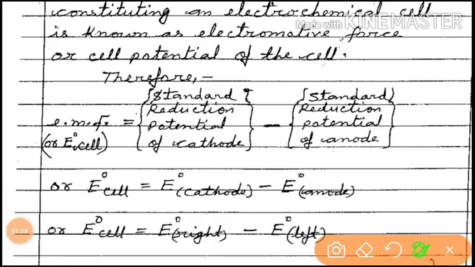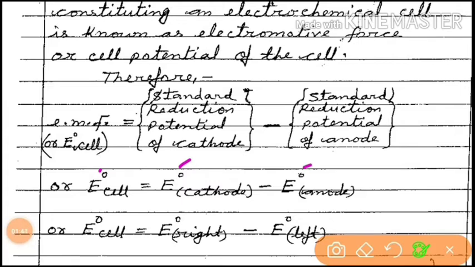With the help of this formula, we can calculate the EMF of the cell under the standard condition. Actually, we are using E naught cell, E naught cathode, E naught anode, and this E naught means the conditions are standard. And what are the standard conditions?